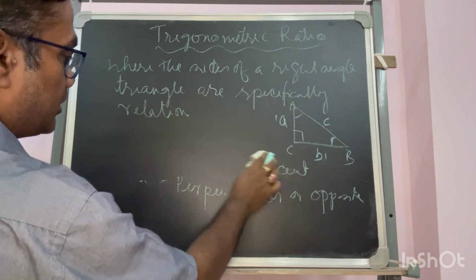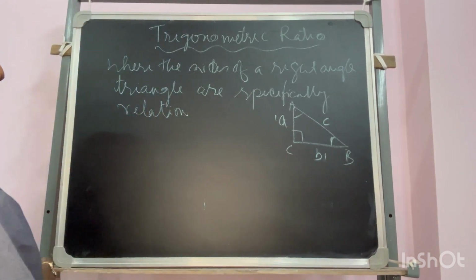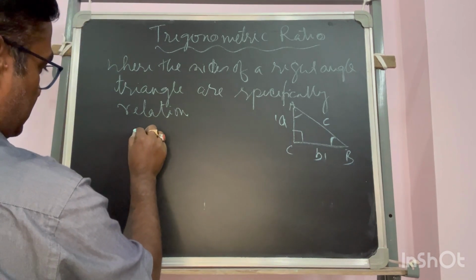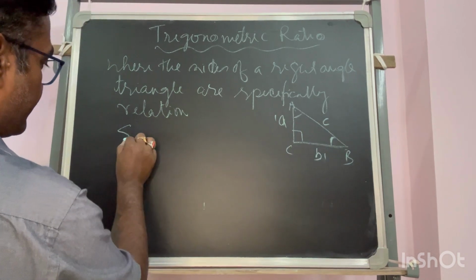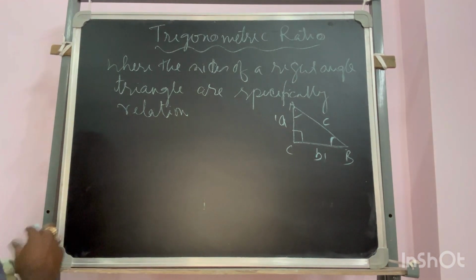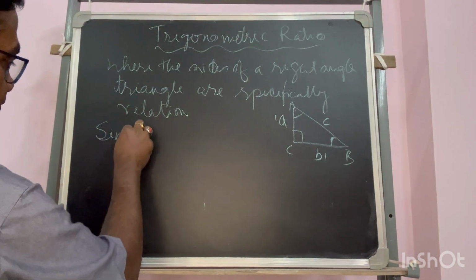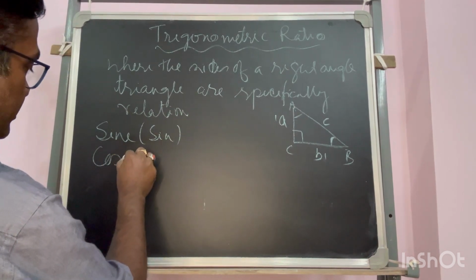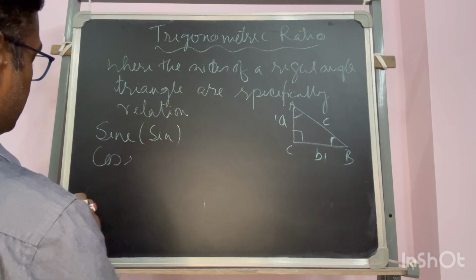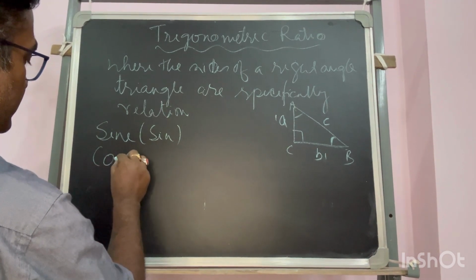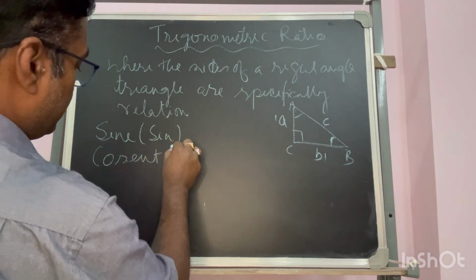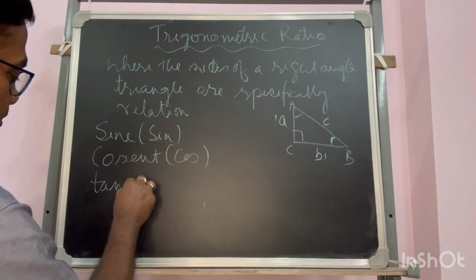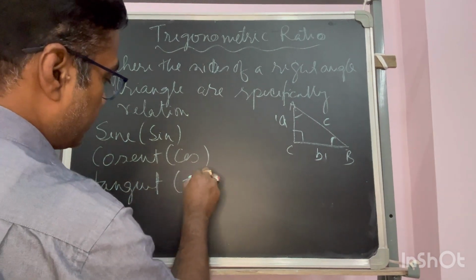The ratios are related to any angle, say angle B. First let me introduce the names. Sine, we abbreviate as sin. Cosine, we call it cos, abbreviated form. Tangent, we call tan.